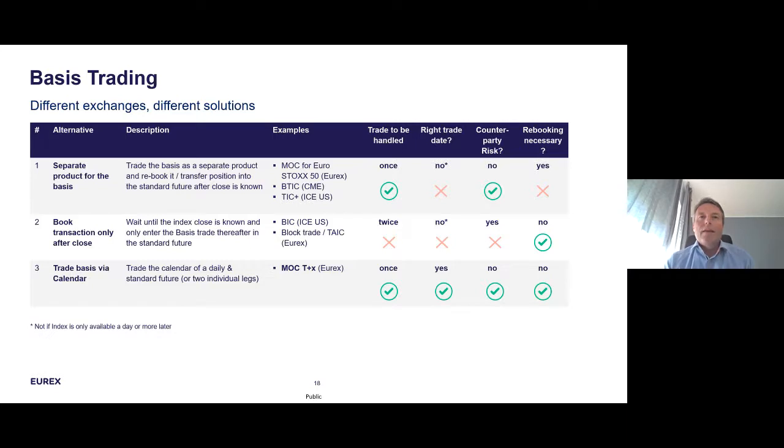And even then, you still have to do a rebooking from that first product, the basis, into the final product you want to get here. So therefore, we think and hope that our solution, which is shown under 3, namely trading the basis within one product as a calendar trade, really helps to overcome the weaknesses which we see with other solutions.